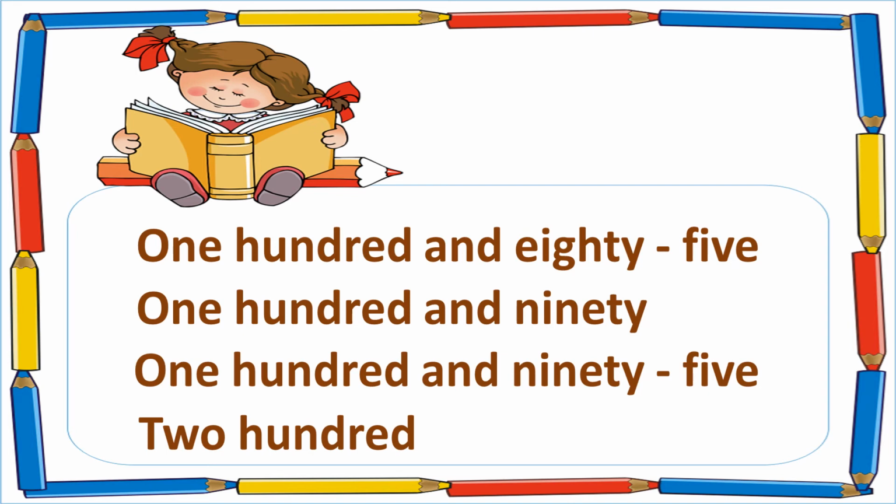A-N-D-N-I-N-E-T-Y hyphen F-I-V-E, 95. When you read this word again, 195. And the last one is 200. Everybody must need to spell the word 200. 3, 2, 1, go. T-W-O-H-U-N-D-R-E-D. 200. Awesome.